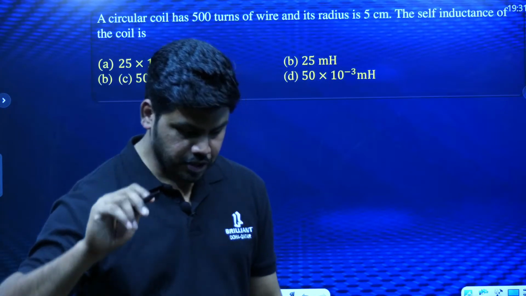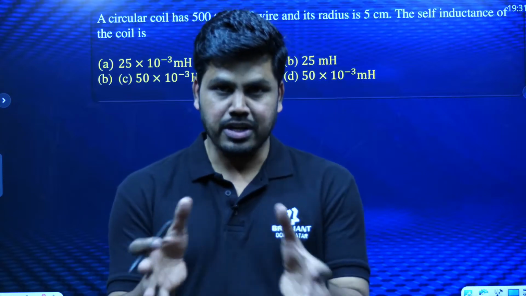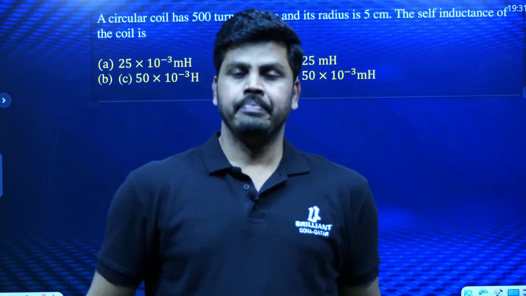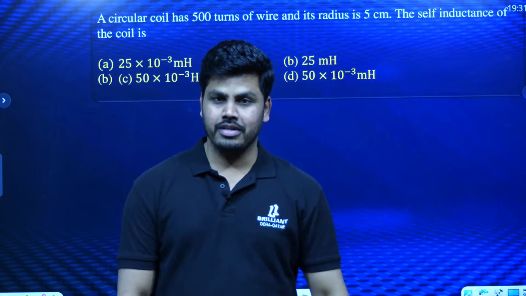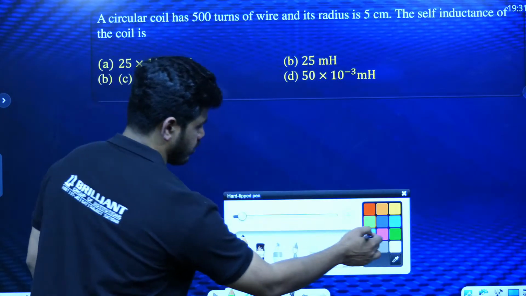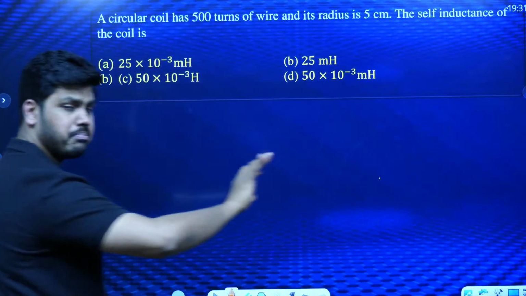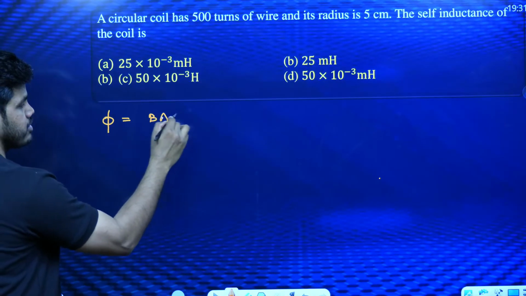Remember, whenever you're asked to calculate self-inductance or mutual inductance of a particular given arrangement, a pair of coils or a single coil, you remember how we derived it for a solenoid? We calculate flux in two different ways. First, we know the actual equation for flux for any particular loop. Flux linked with that is going to be BA cos theta.